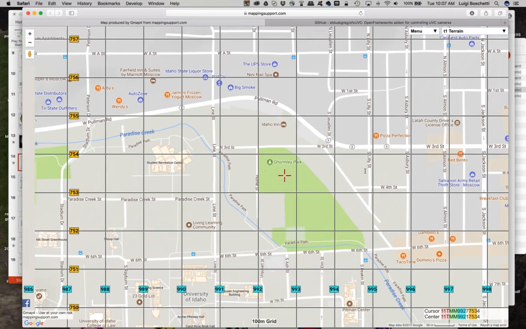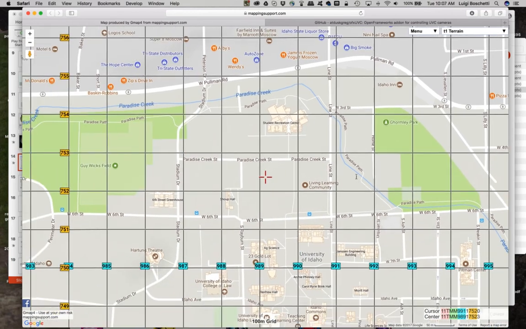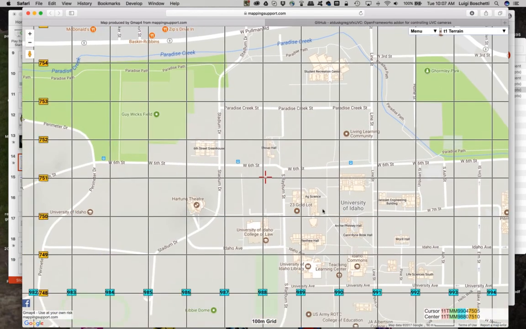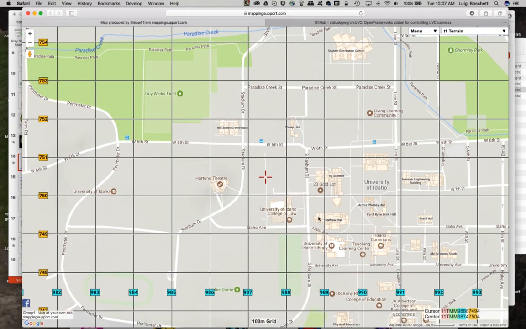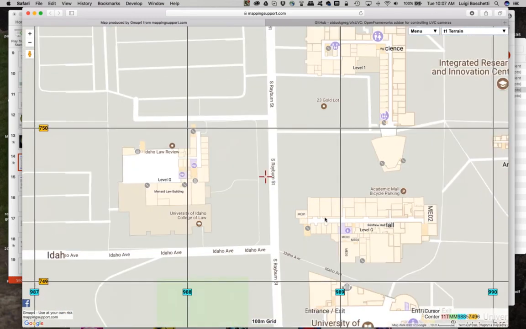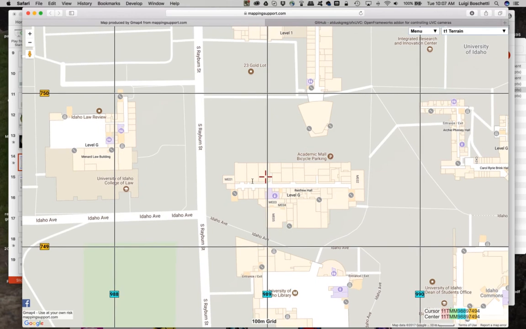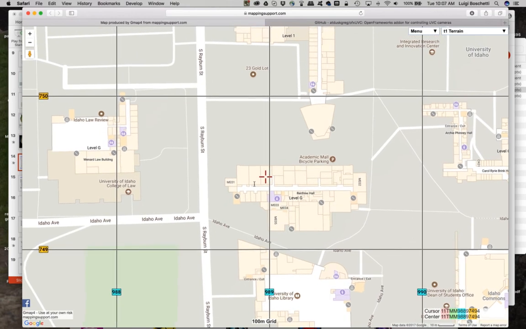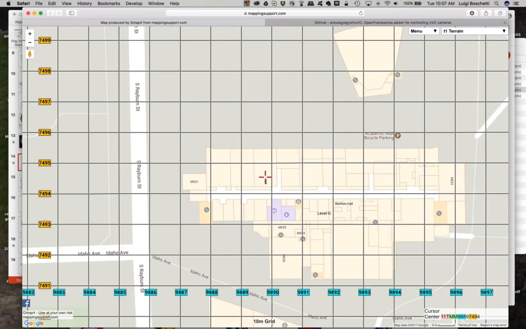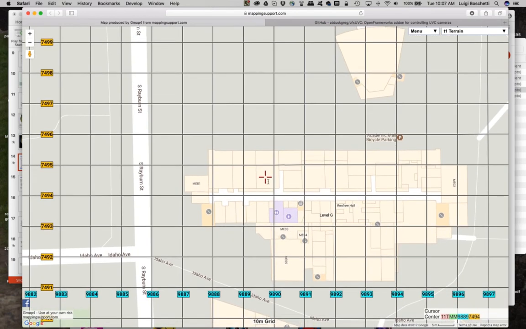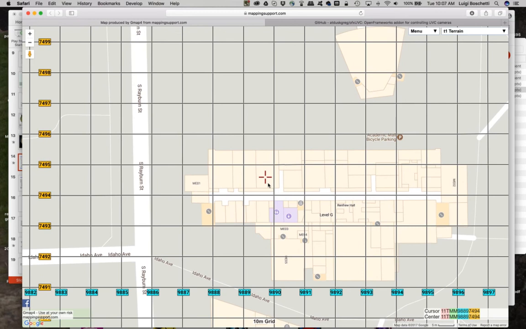I'm trying to find campus, getting close to campus. U of I library, and here's Renfrew Hall, and I am putting the center of the cursor roughly to what I believe is the position of our classroom. We have the finest grid here. This is a 10-meter grid.